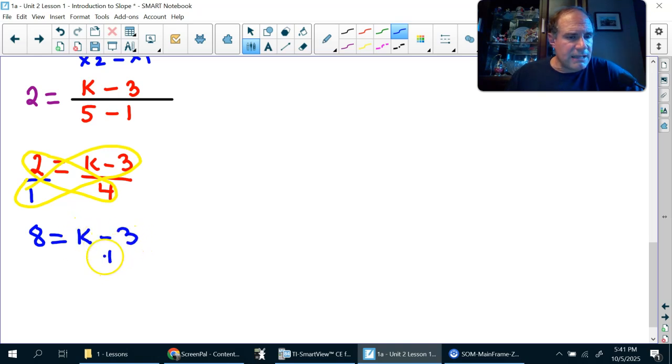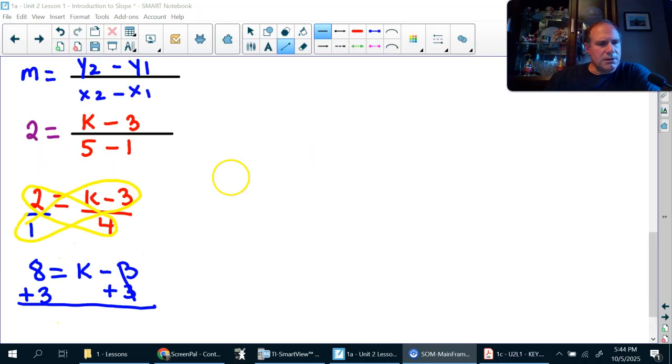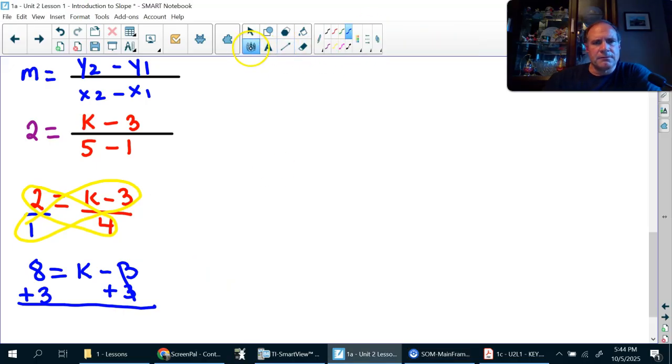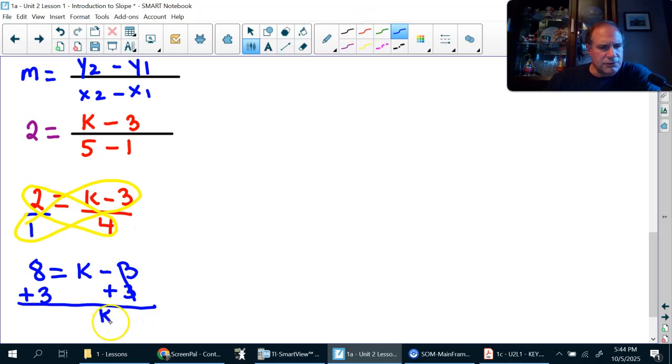So you could add 3 to both sides. When you solve for k, k equals 11. And it makes sense because if you put 11 in for k, that's 8 over 4. 8 over 4 is 2. So k equals 11.